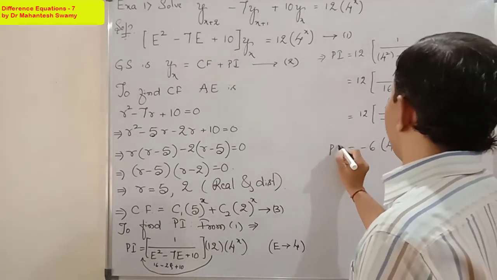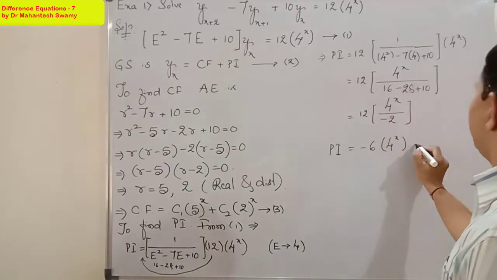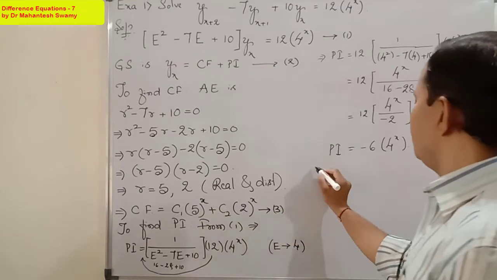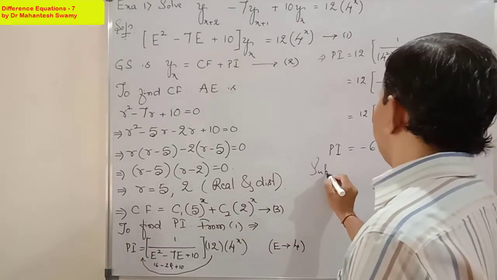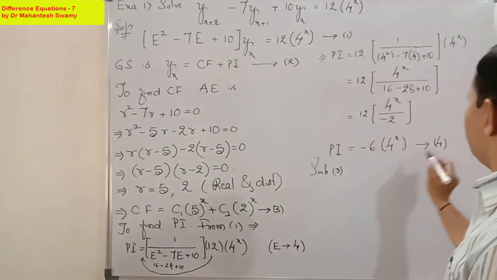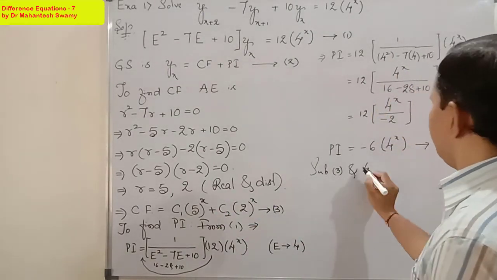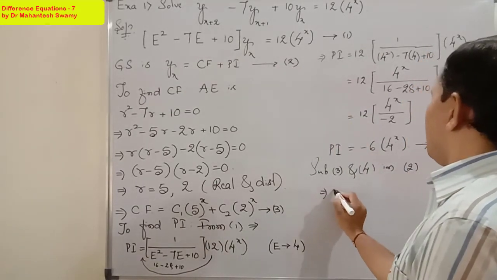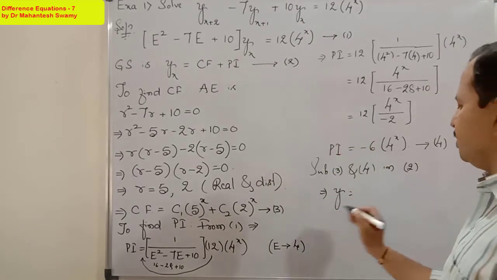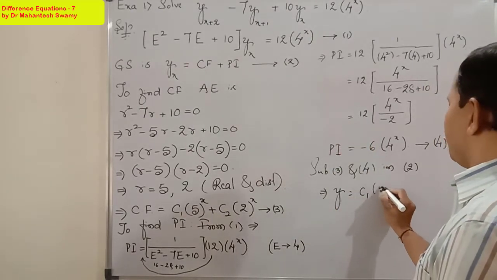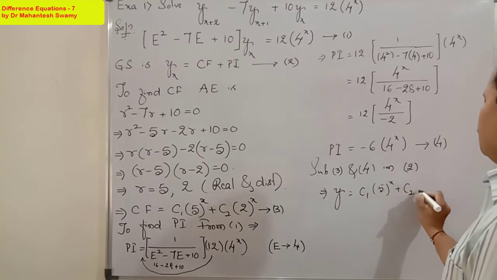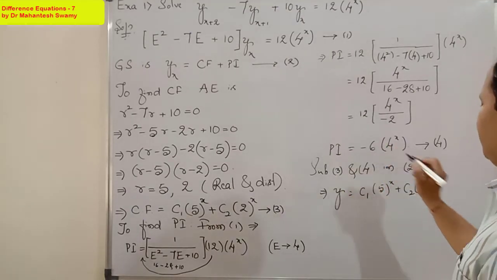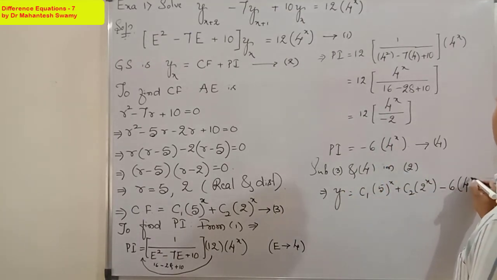So the particular integral we have computed here is this much. Let us call it equation number 4. Substituting the complementary function from 3 and the particular integral from 4 into the general solution 2, it implies y equals the complementary function we just computed, c1 into 5 to the power x plus c2 into 2 to the power x, plus the particular integral, which is minus 6 into 4 to the power x.